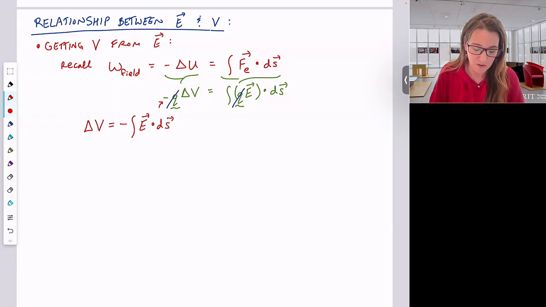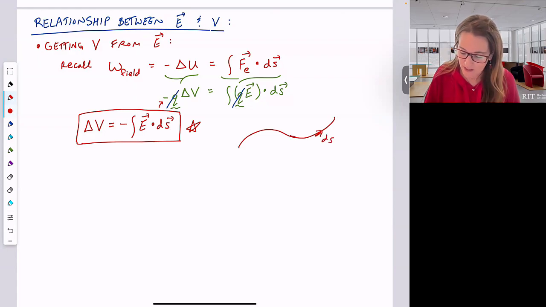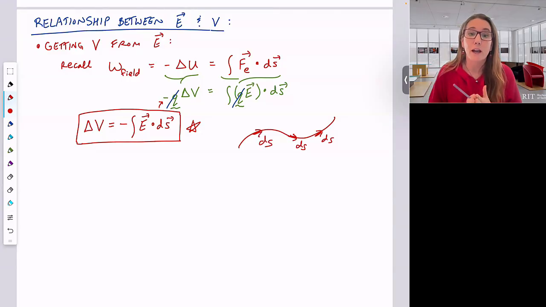So just taking out the dependence on those test charges, talking about the space, we get this integral here, where again, ds is a tiny path length along your path at some given point, and the dot product takes your parallel components, right?